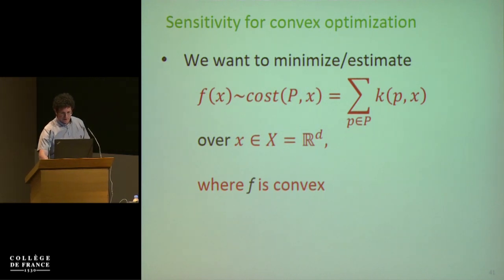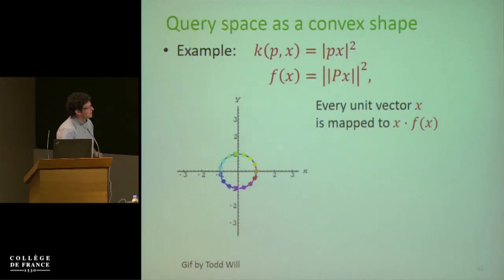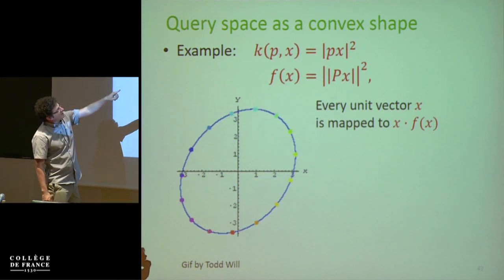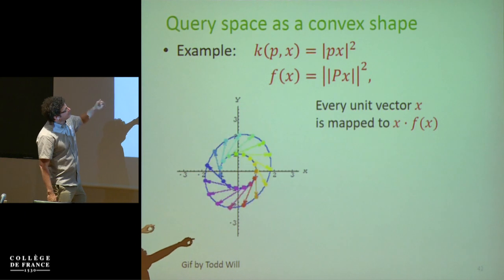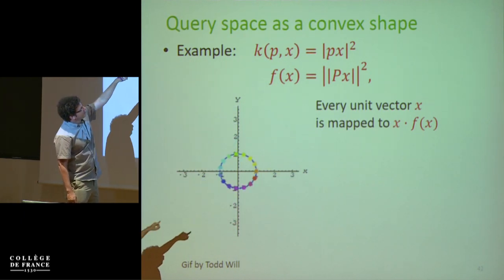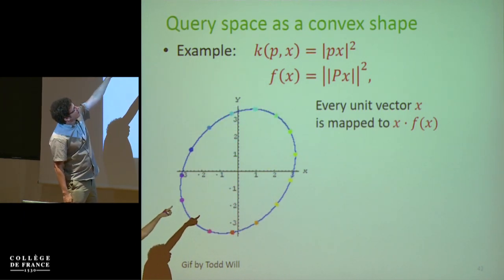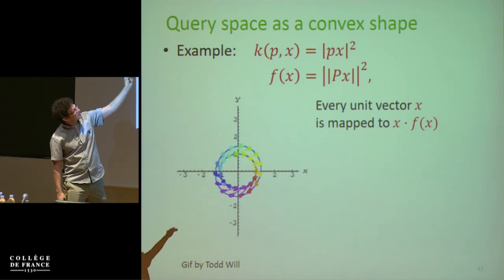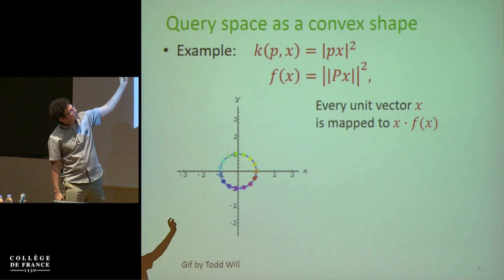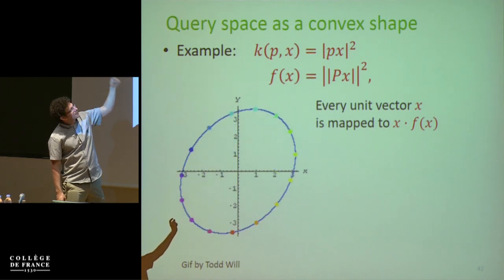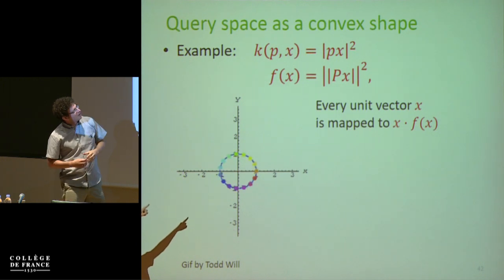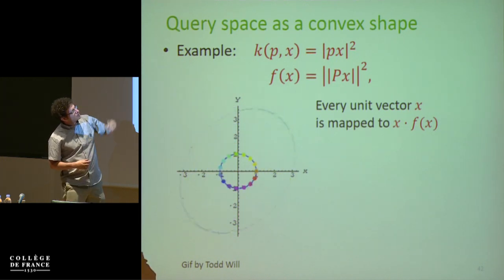So the first trick is to look at the query space. Let's take each unit vector x, and for each unit vector x, write the value that we get when we put x in f. So for example, if k(p,x) is just the inner product of p and x, squared, then the sum of inner products squared gives you f(x) equal to norm Px squared, where P is a matrix with n rows.